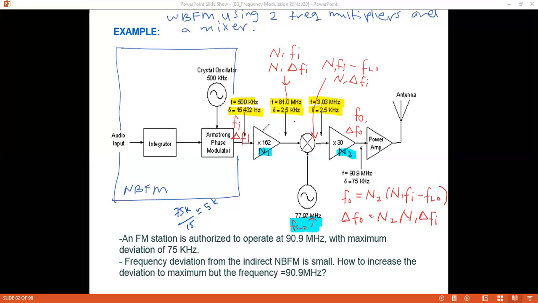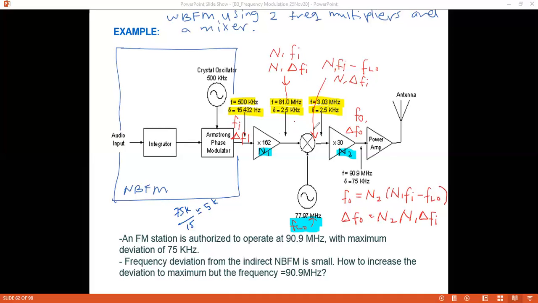After the first multiplier with factor N1, our F becomes N1 Fi and N1 delta Fi. So F is 81 megahertz and the frequency deviation here increased to 2.5 kilohertz. After the mixer, F becomes around 3 megahertz and the frequency deviation does not change.